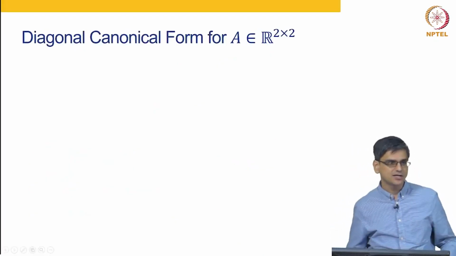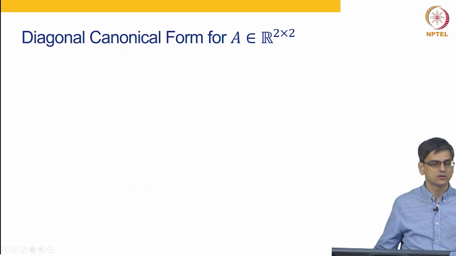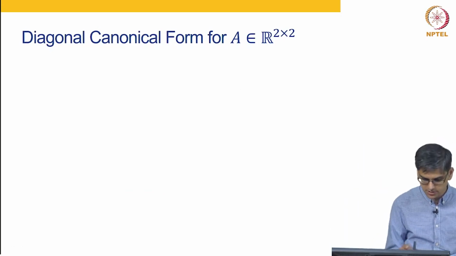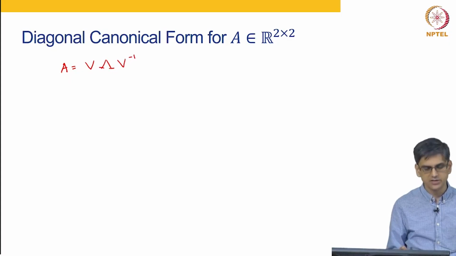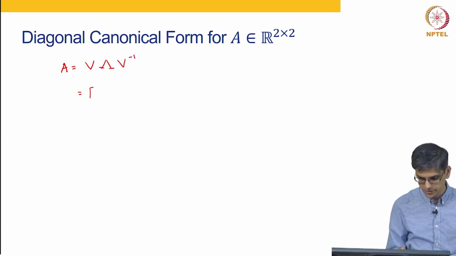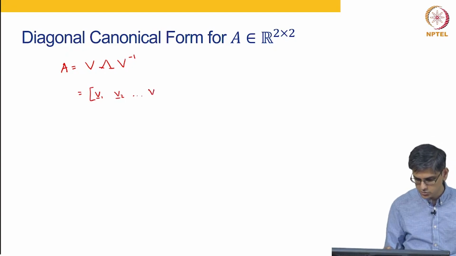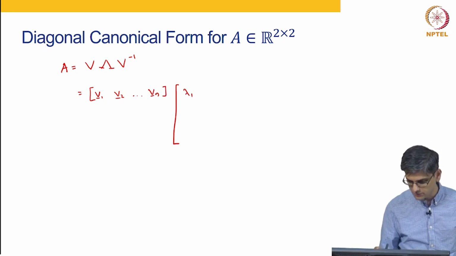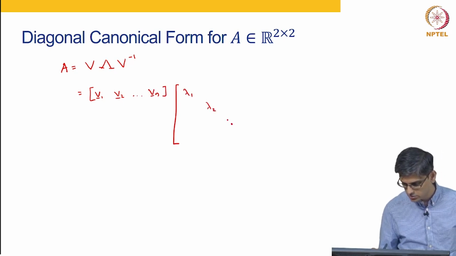So, the diagonal canonical form that we talked about, right, is A equal to V lambda V inverse, okay, which is V1 bar, V2 bar and so on up to Vn bar multiplied by lambda 1, lambda 2, and so on.